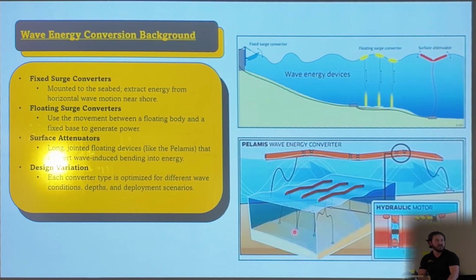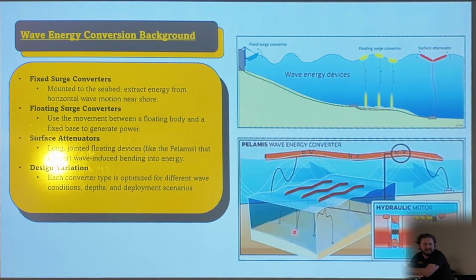Ideally, I would want to actually do the calculations to figure out the wave parameters that this would work most efficiently at, and then I would also like to figure out a way to actually have this be balanced. But right now, it's definitely not. It would just probably tip over if it was actually in the water, or sink.